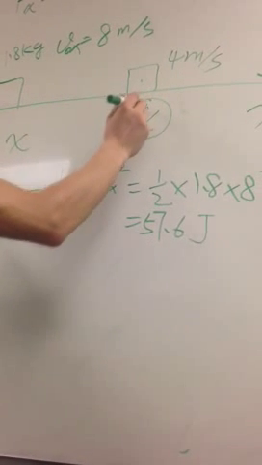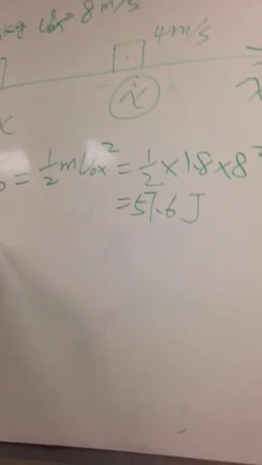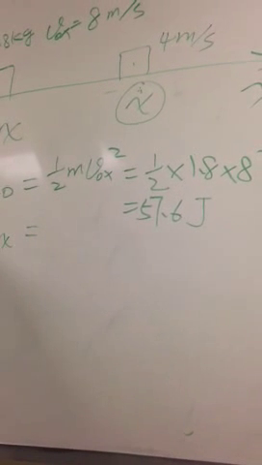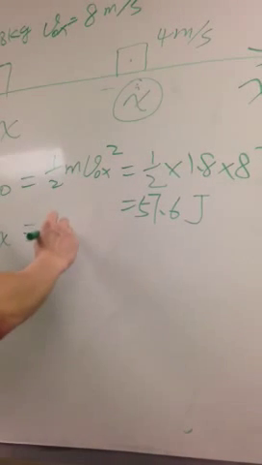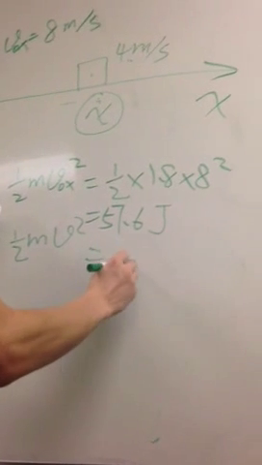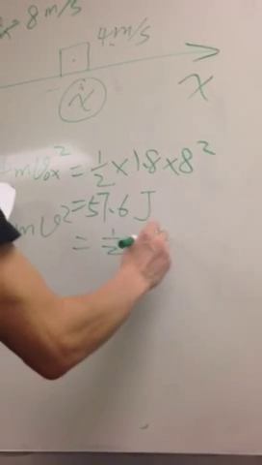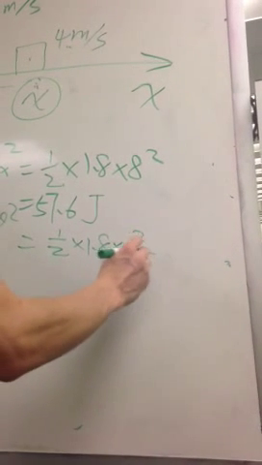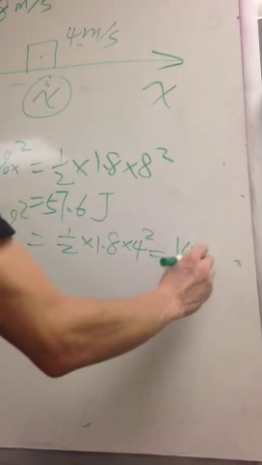And in the end, the kinetic energy, because we know the velocity is 4, it's 14.4.